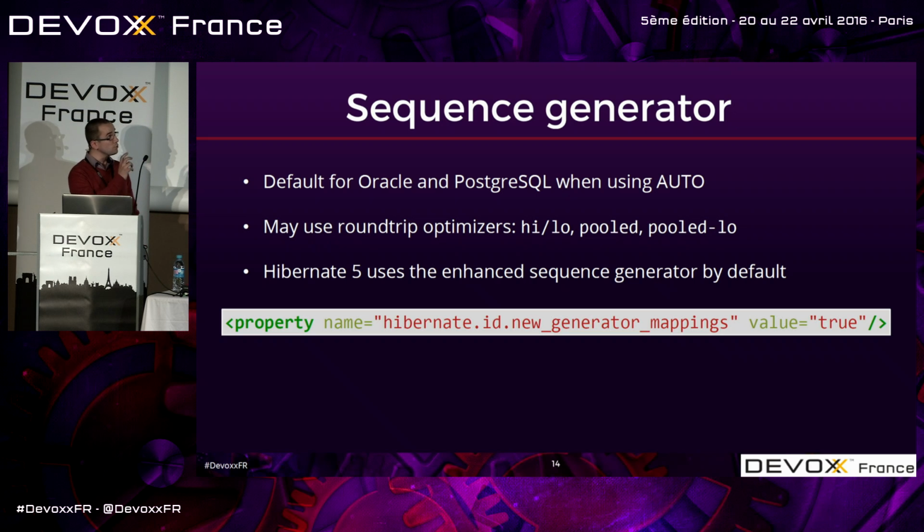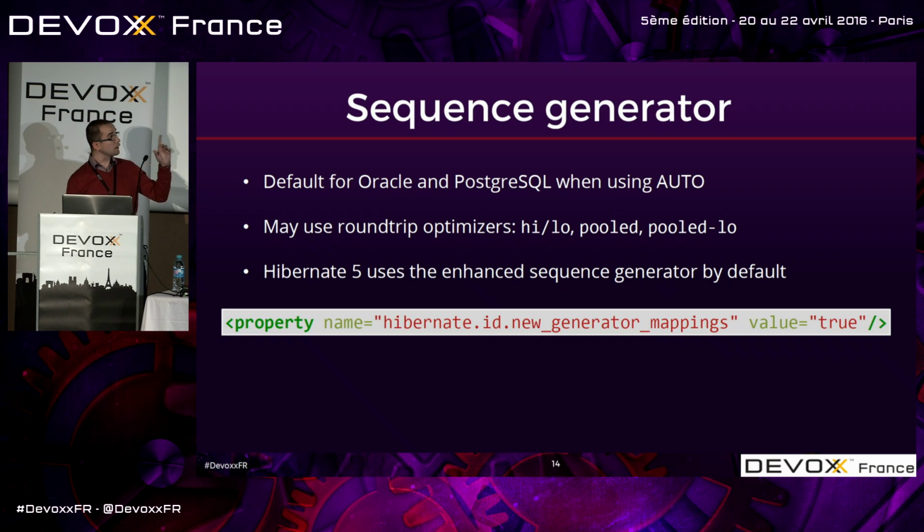If you want to use the pooled and pooled-lo, you'll have to enable this configuration property if you're using Hibernate 4, for instance. But if you're using Hibernate 5, it's enabled by default. That's the reason when you are migrating to Hibernate 5, you need to be aware of that, because identifier generators might not work from 4 to 5.